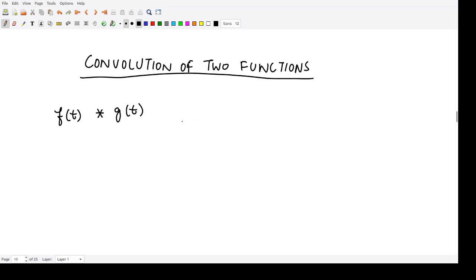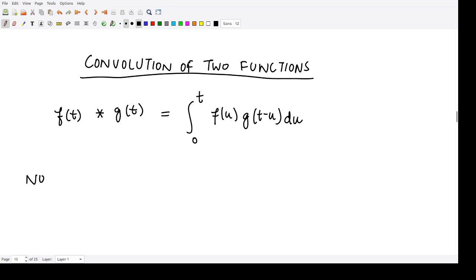The formula for performing this convolution is taking the integration from 0 to t of f of u g of t minus u du. So this is how you perform the convolution of two functions.